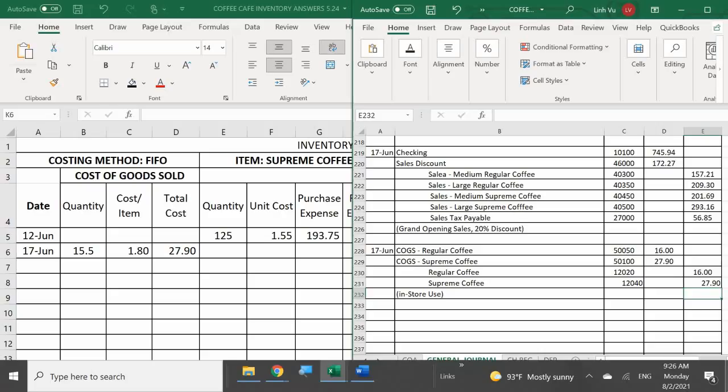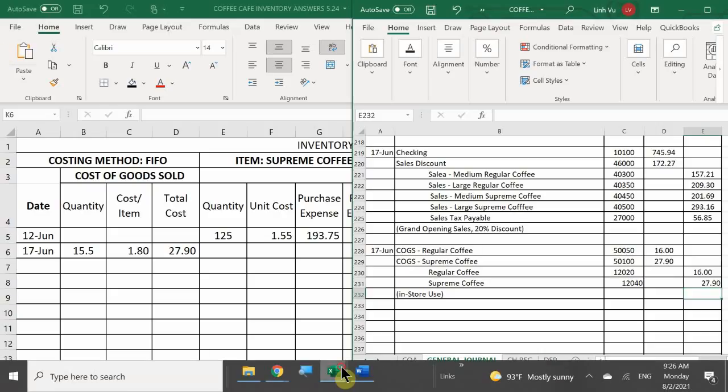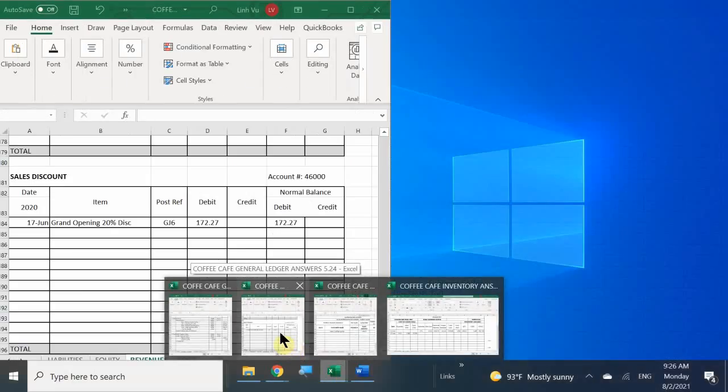We still gotta update our ledger. We need to update our ledger to reflect that in my inventory I have these amounts. Then that's updated in the general ledger.